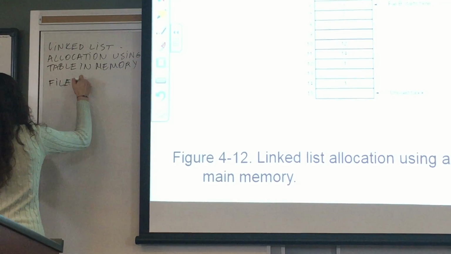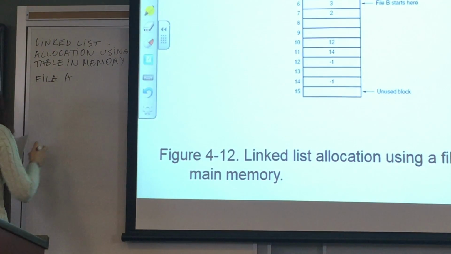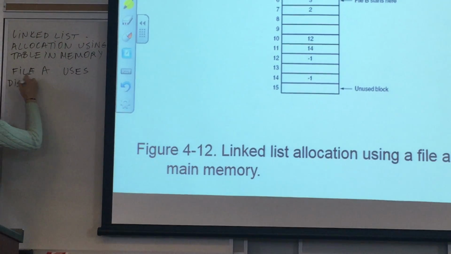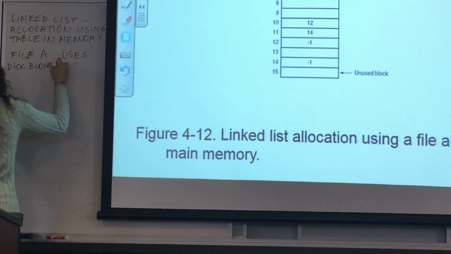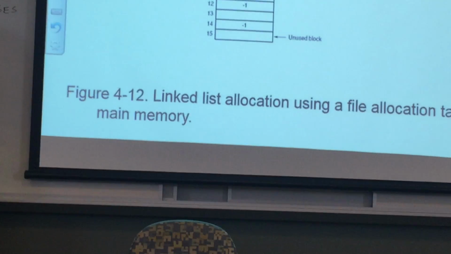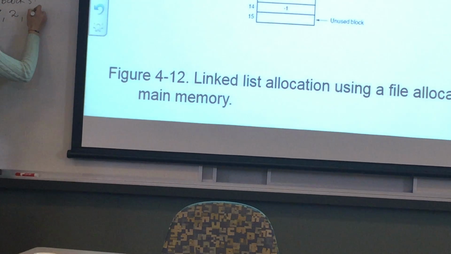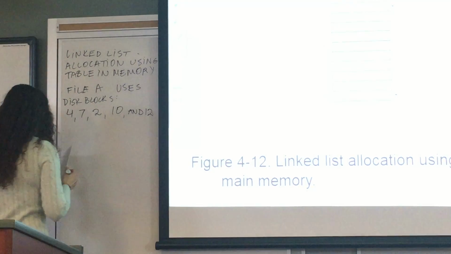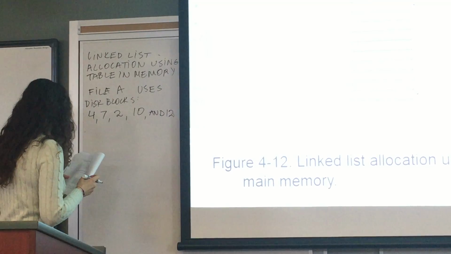Let's say we have a file A, which uses disk blocks 4, 7, 2, 10, and 12. These are the parts of the file.